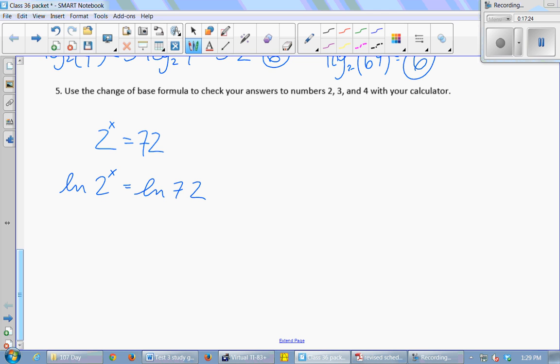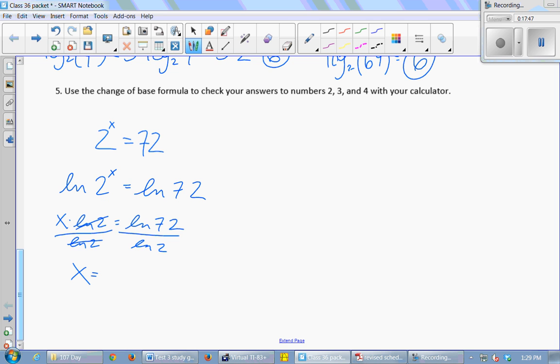This is sort of a magical thing, and now that we have this property where you can take the exponent and put it in front, I don't have the problem of the variable in the exponent anymore. ln 2 is just a number. ln of 72 is just a number. So I can just divide both sides by ln 2.